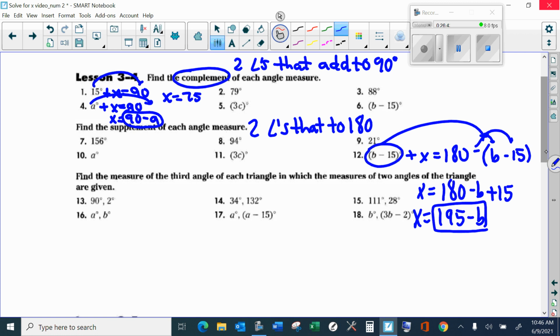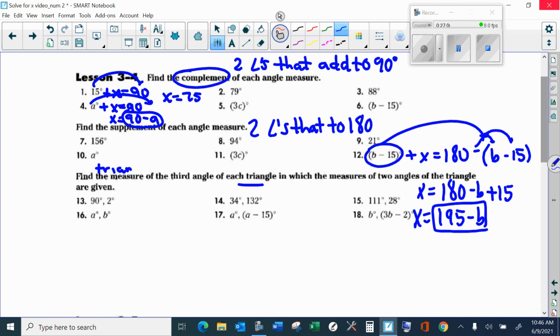Okay, find the measure of the third angle of each triangle, which the measure of the two angles of the triangle are given. So again, we can call the third angle x. Remember, all three angles of a triangle add to 180. So it's called the triangle sum theorem.